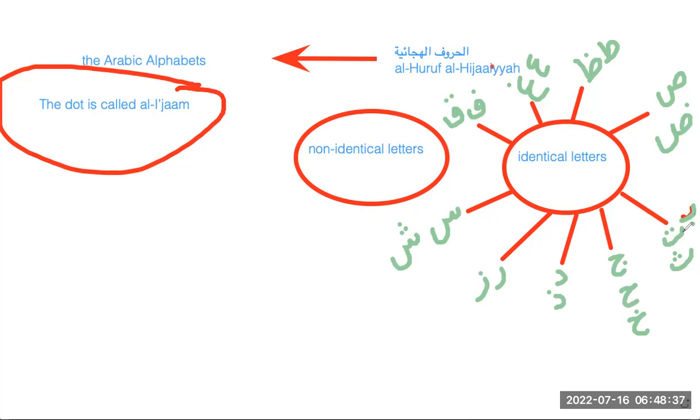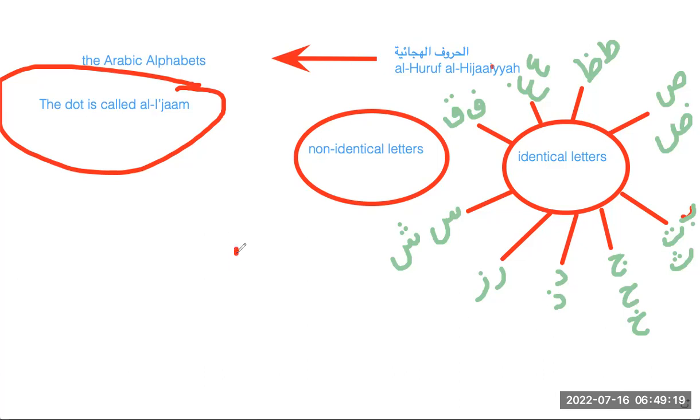Let's assume that there is no i'jam on the letters Ba, Ta, and Tha. Would we be able to distinguish between these three letters? They will look identical to us, right? The same thing applies to the letters Jim and Kha, and Dal and Thal. We'd be looking at them as if they are the same shape, but with i'jam we know the difference between them. And it is al-i'jam that gives them their names.